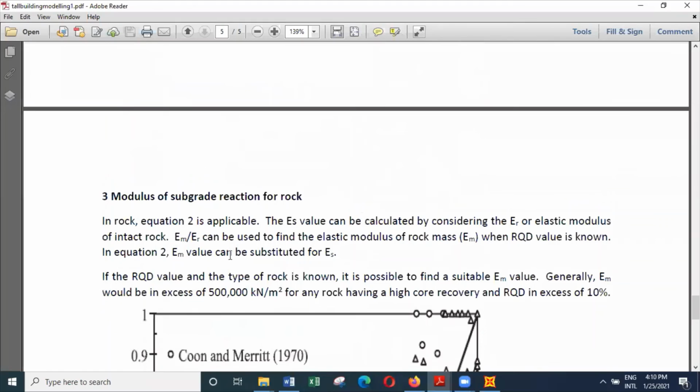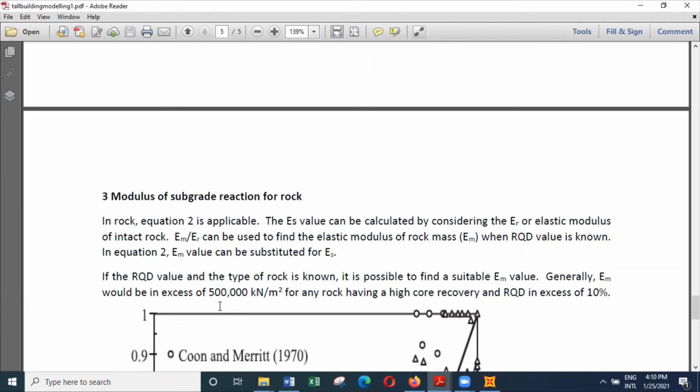So the values that you get for rock are much higher than the values for clay and sandy soils. Generally for clay and sandy soils, you might be in the range of 2,000 to 40,000. Sometimes it can go up to about 100,000 as well.